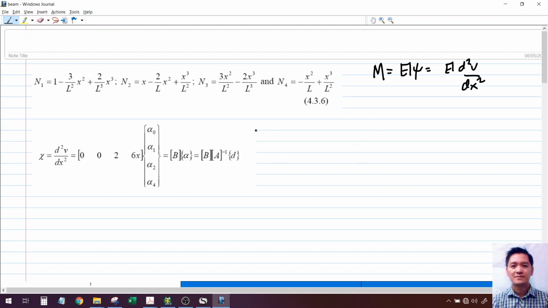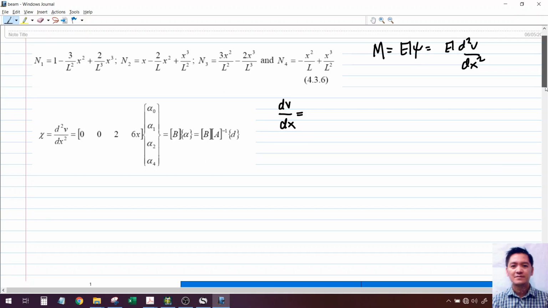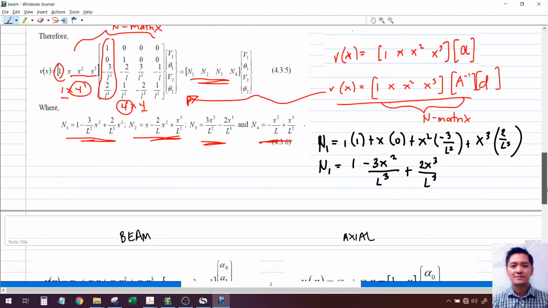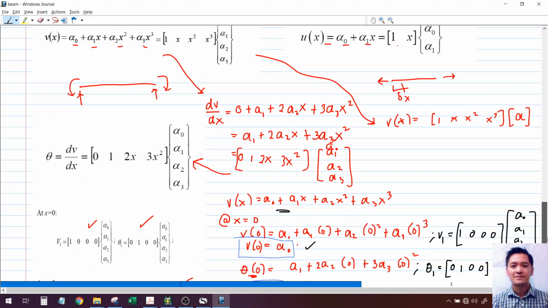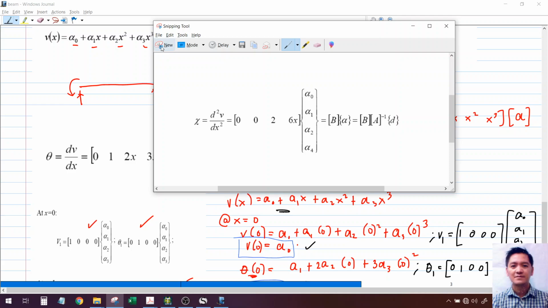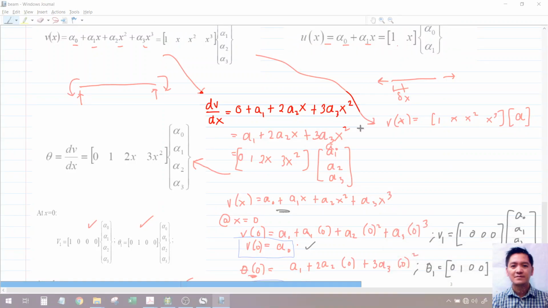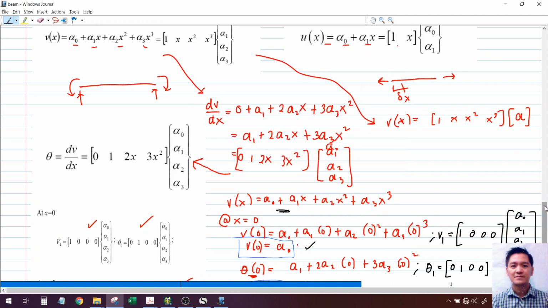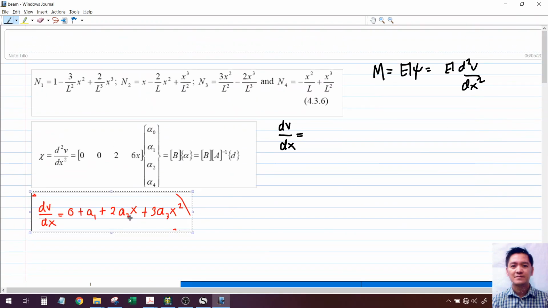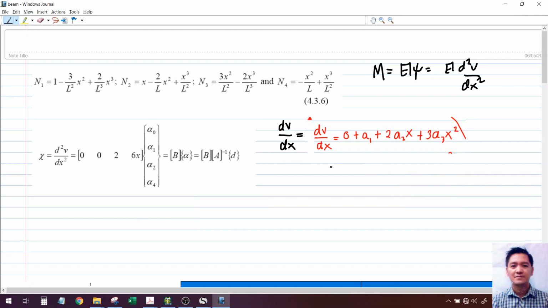Okay. So with that, what is our dvdx? So balikan natin yung dvdx natin, which is this. Ito. Yan yung ating dvdx. Right? Now, you need to get d squared v over dx squared.